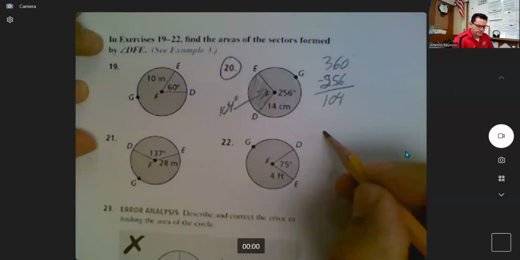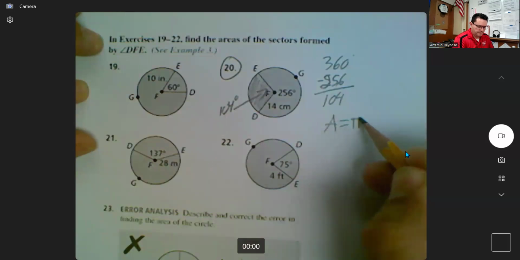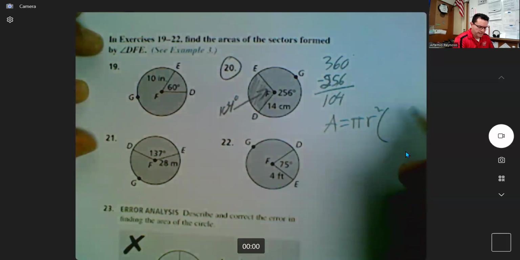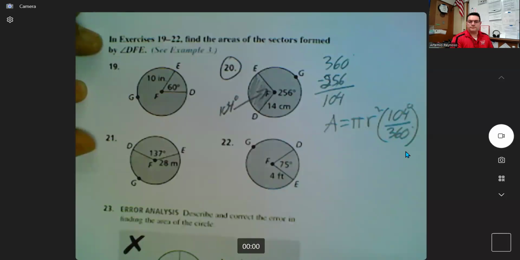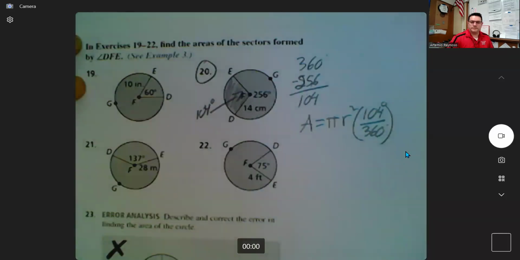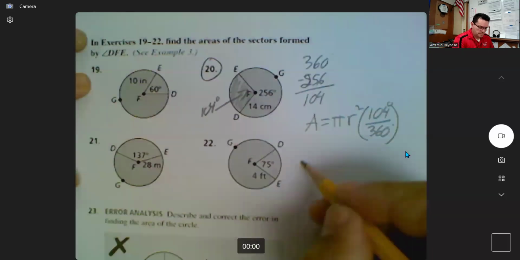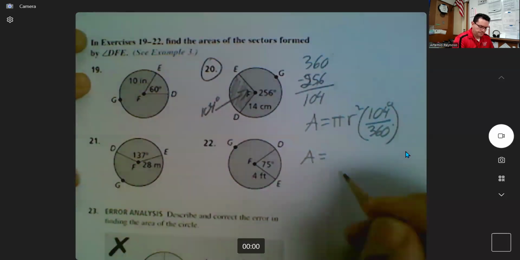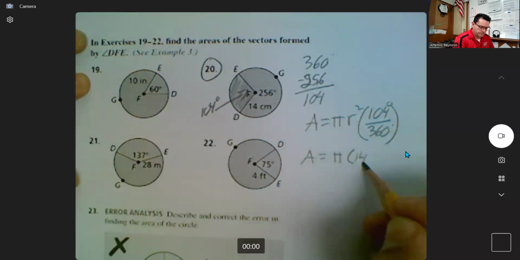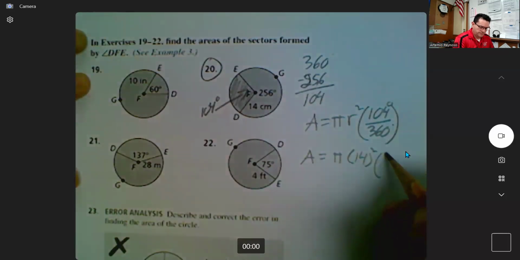So I will then continue. I'm doing number 20 with my formula, pi r squared, and I will need 104 degrees out of 360. For this one, we will need a calculator, guys. So A equals pi times 14 squared times 104 over 360.